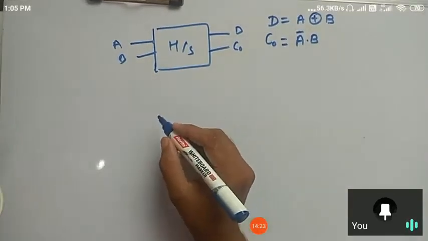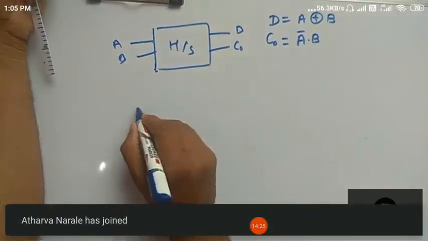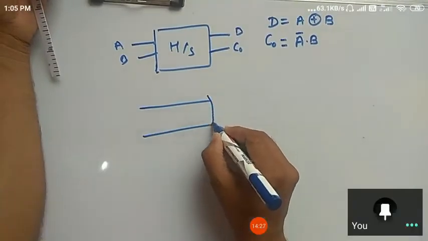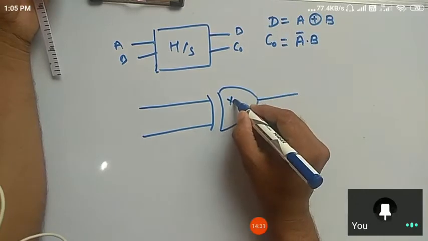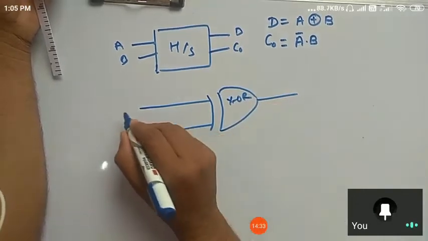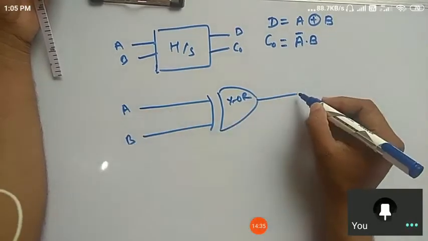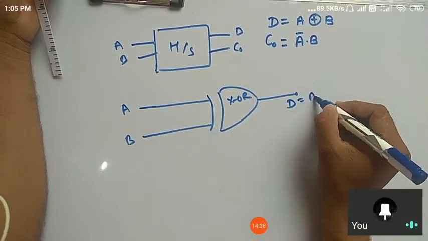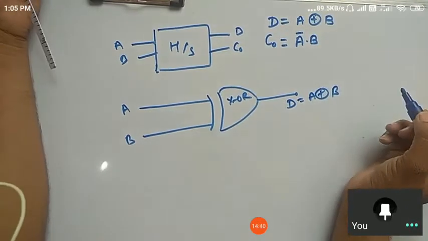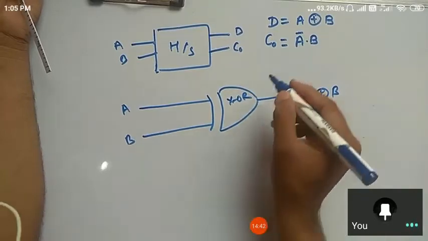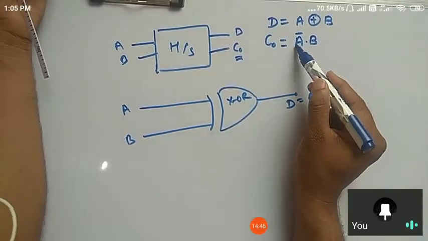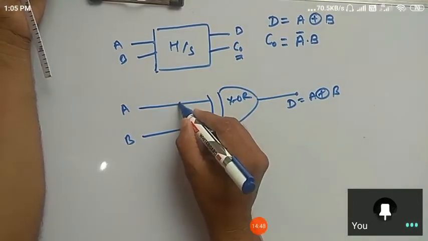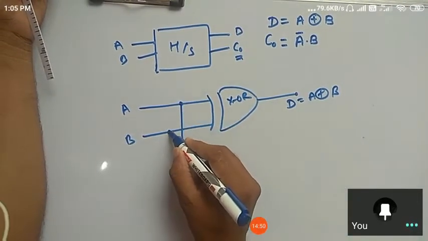Now I am going to design the circuit using these two equations. The XOR gate: this one is A, B, and this output is the difference A XOR B. For the second output we require A bar dot B. So this first one is A, this one is B.